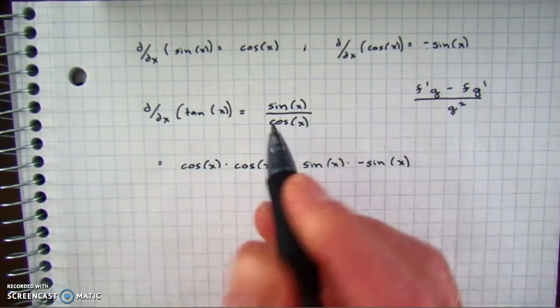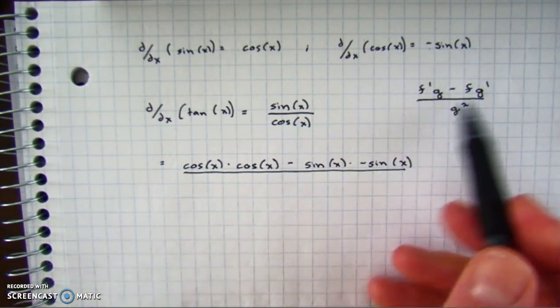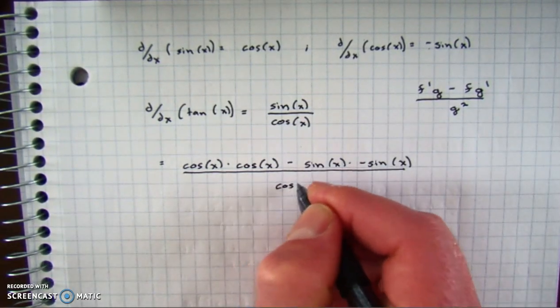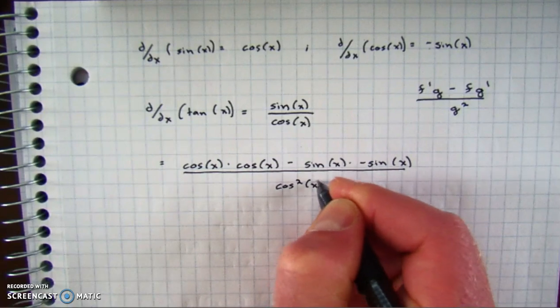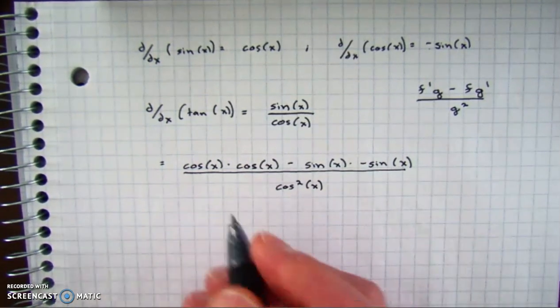So that's negative sine of x, and then all over g squared, so that's just going to be cosine squared of x.